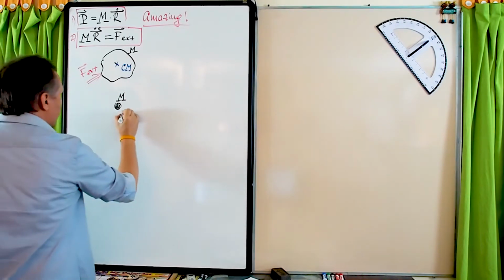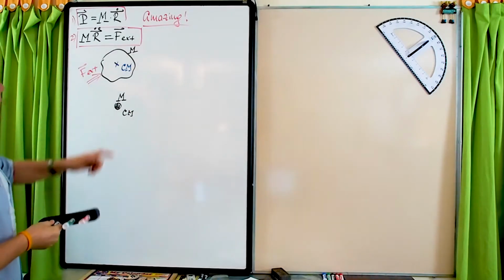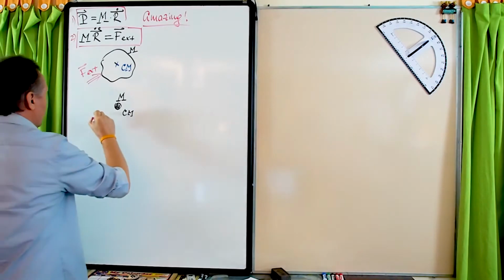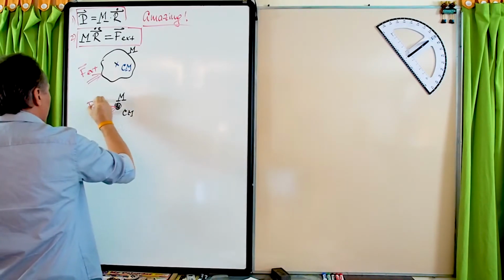So this is the center of mass. And then, if we apply all these external forces on our fake particle, right? So that's our F external.